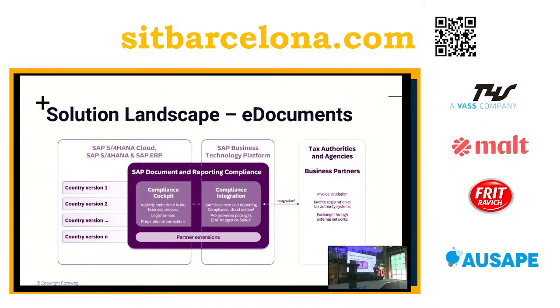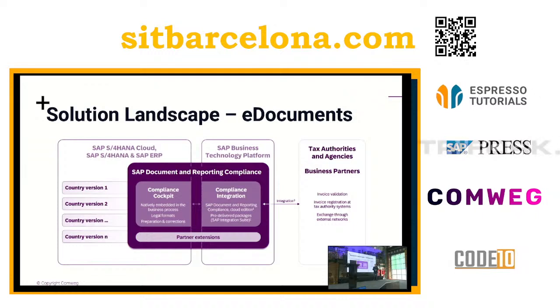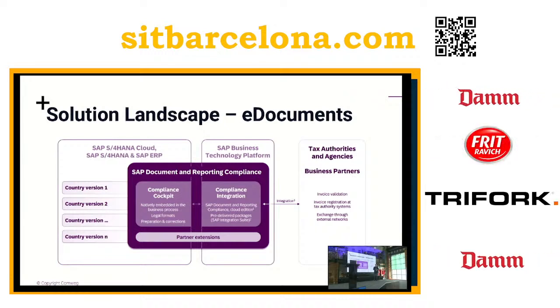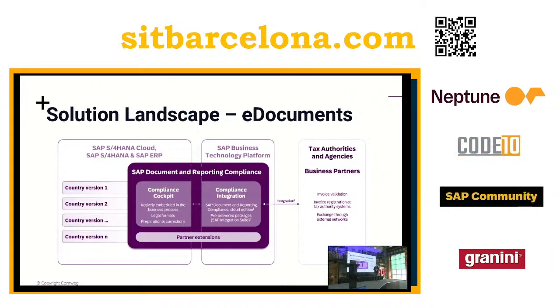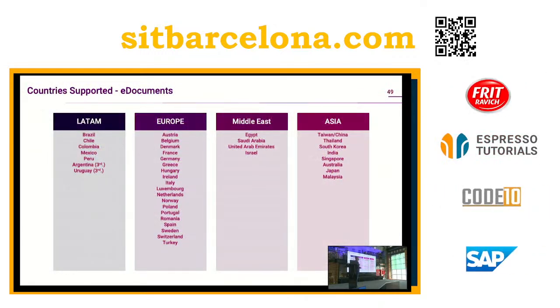I believe SAP will move everything to the cloud edition, because the SAP integration is a problem for the customer. They have to maintain and update the iFlows, and this generates a lot of issues for the end customer. But let's see. These are the main blocks. One part is on-premise, and the other part is in the cloud. Okay? So, here are some of the countries that are supported by the solution.